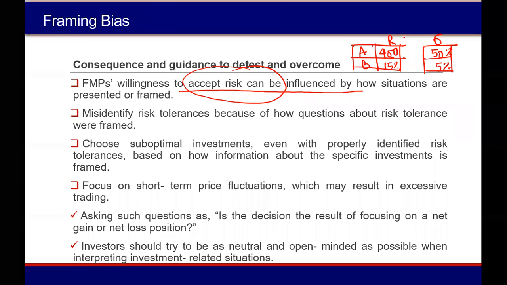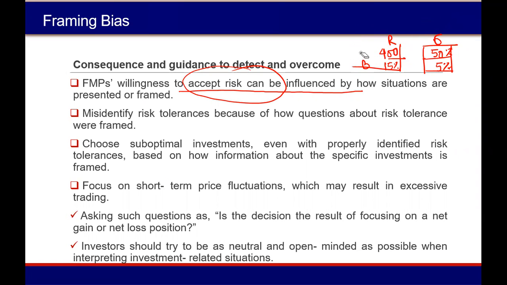It is also a way that if you put the return first or the risk first, I mean the column order, if the risk column is first and the return column is second or vice versa, the response will become different. Yes, sir.